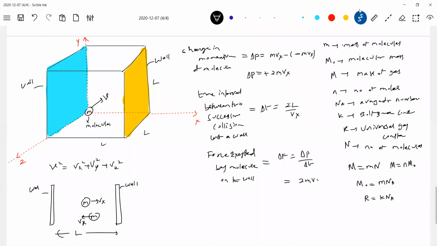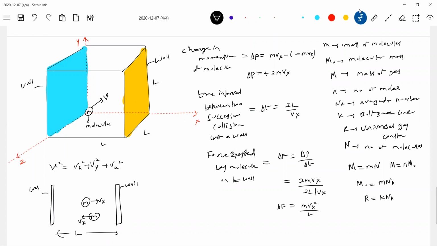So change in momentum over time. So this is due to the x component of velocity, no? Okay, this is due to one molecule.